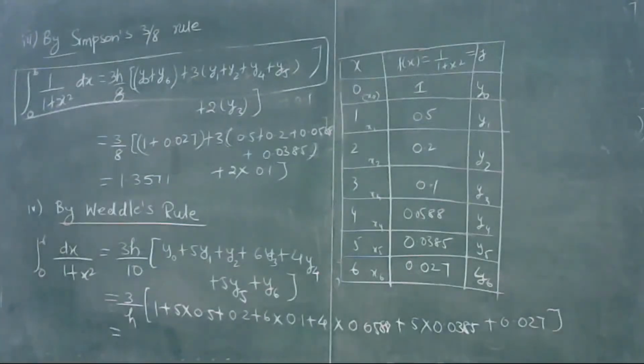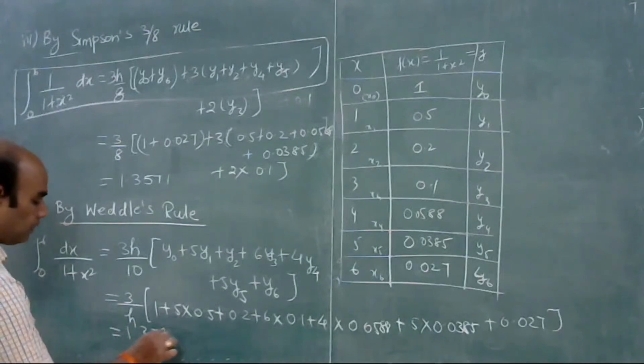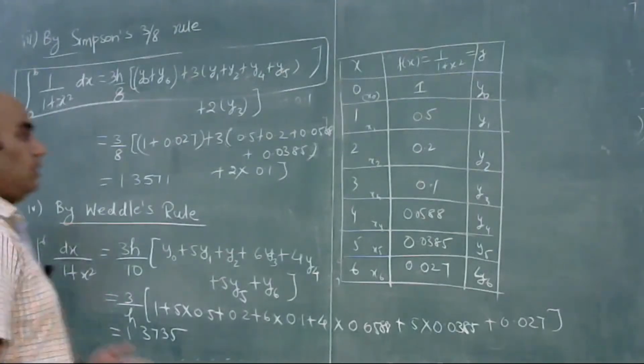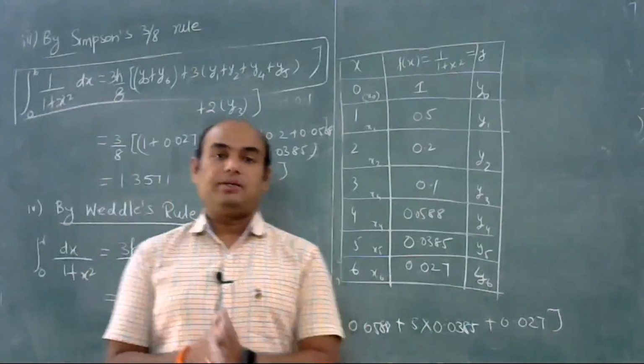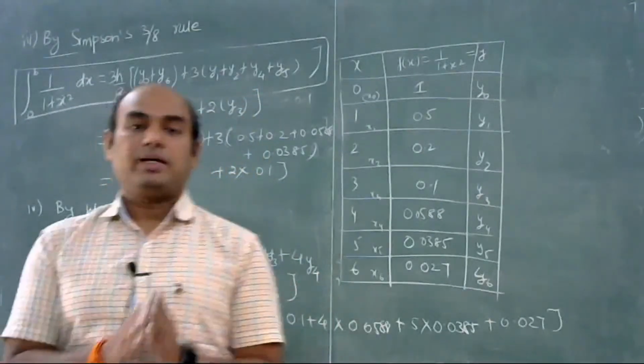Solving this, it is equal to 1.3735. So in this way, you can find the integration 0 to 6 of dx by 1 plus x square.